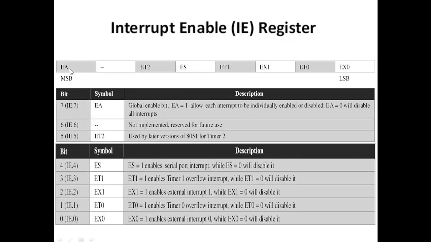Here this bit has to be enabled, for external interrupt 1, and the rest of the bits have to be 0, so it becomes 0010 0001, right? If we read from MSB to LSB, it will be 10000100, and if we group them in hexadecimal, 1000 will be 8 and 0100 will be 4. So in hexadecimal it becomes 84.